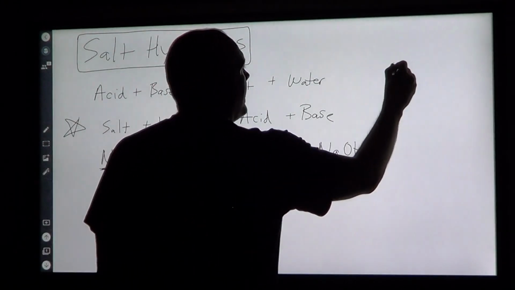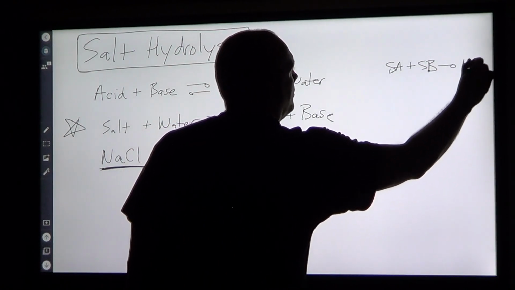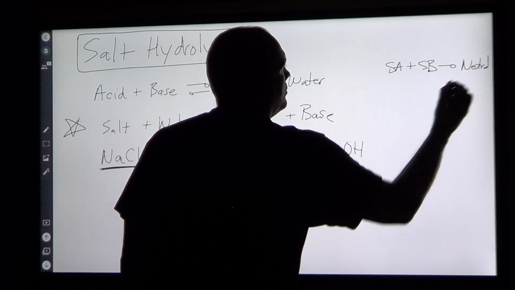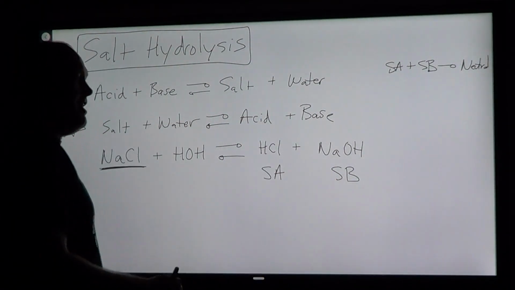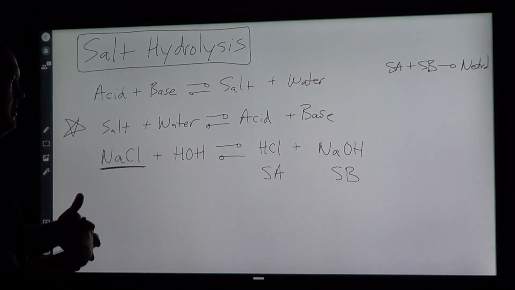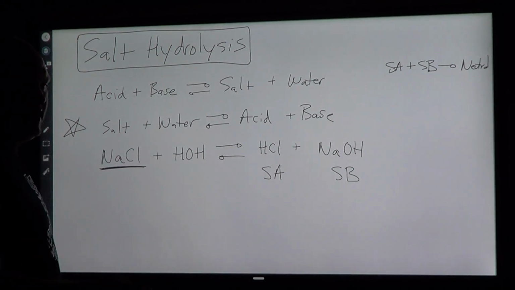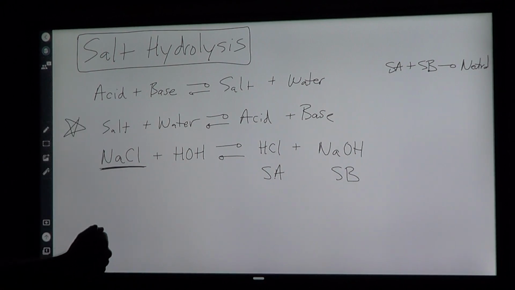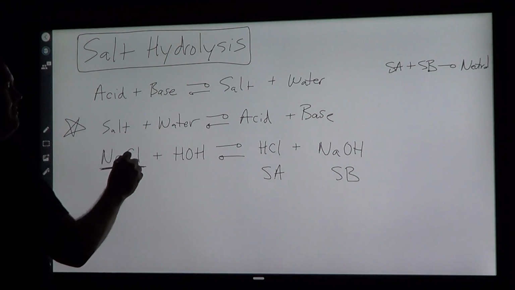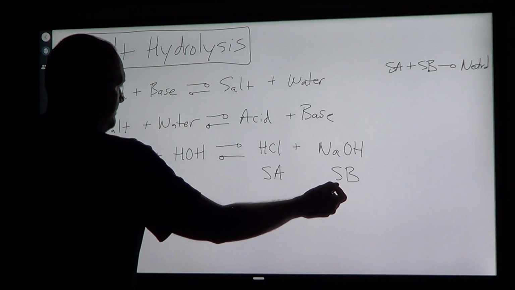Anytime you have a strong acid and a strong base, the solution will always be neutral. These two are going to make sure they neutralize each other, and it's going to keep the solution neutral. So if you take table salt and you put it in water, and you put a pH meter in there, it's going to tell you 7.00.